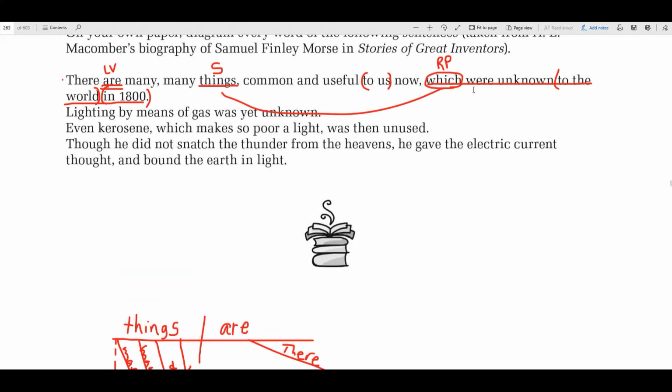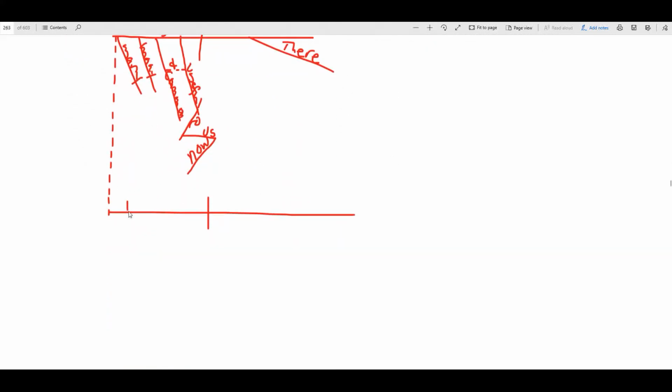Were unknown is the verb, and then who or what were unknown? Which. This would work as the subject, so we're going to put which here. There's nothing else there. I guess that could be that. And then were unknown.